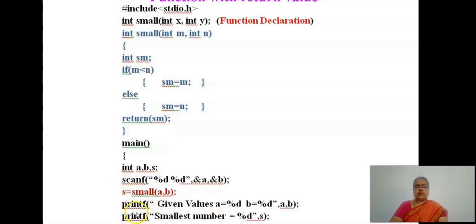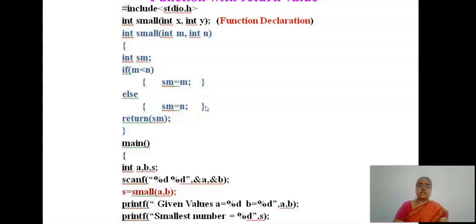Here two printf statements are used. One is to print the given values a and b, the other one is to print the smallest of a and b. So this function is used to find the smallest of two numbers. This is an example program of a function which returns a value.